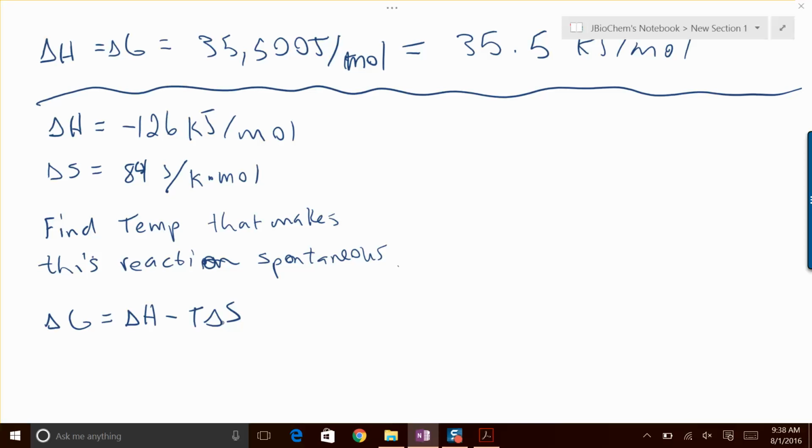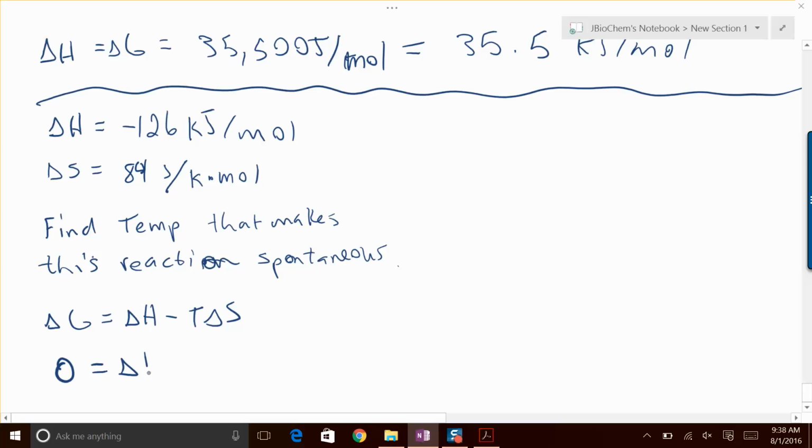Okay, let me give you a hint. Here we're going to assume that the temperature that causes this to go spontaneous or non-spontaneous is above or below the equilibrium temperature. And how do I find that? I find the equilibrium temperature by setting delta G equal to 0.